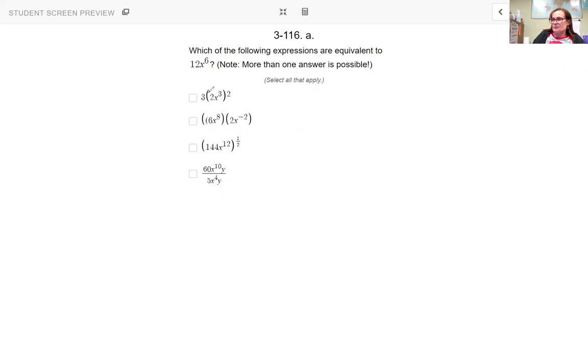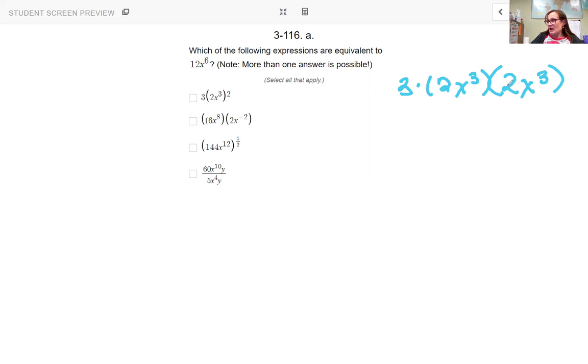The first one, we've got 3 times 2x cubed quantity squared. If you remember squaring it, there's 2 different ways to look at this. We've got our 3 on the outside, and then 2x cubed on the inside, and that's squared, so we can write it down again: 2x cubed.